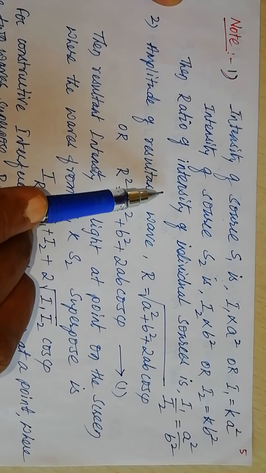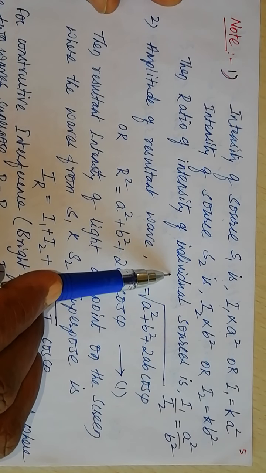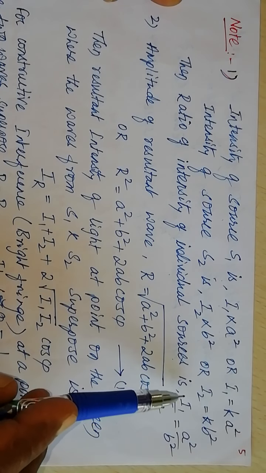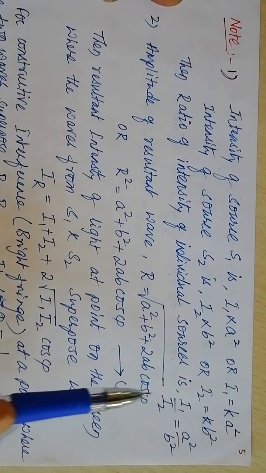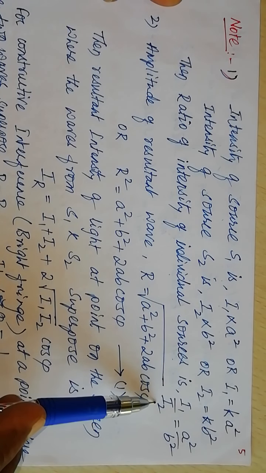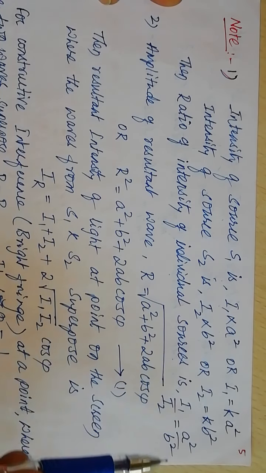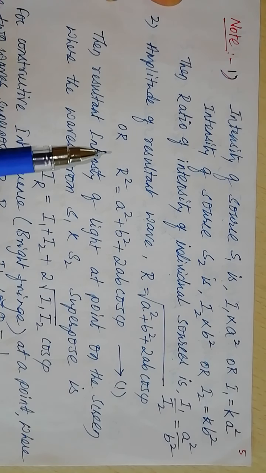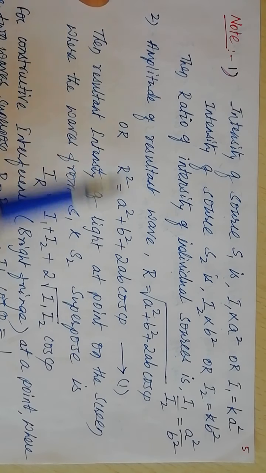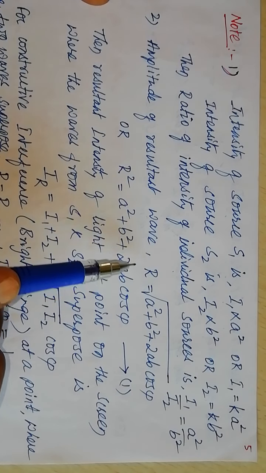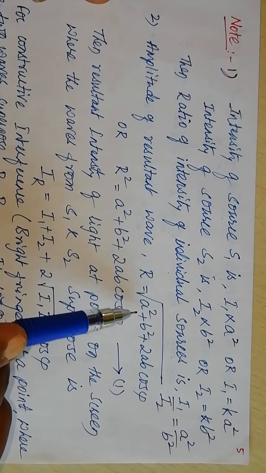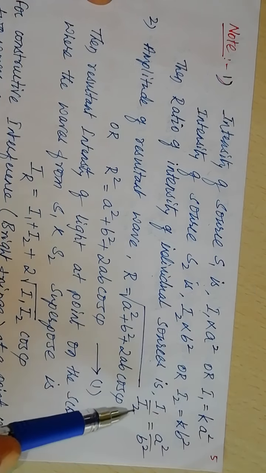Then the ratio of intensity of light from the two individual sources, I1 by I2, the intensity of light from source S1 over the intensity of light from source S2, equals K cancels, therefore it is A square by B square. Further, we have deduced an equation for the resultant amplitude of the resultant wave, that is R equals under root A square plus B square plus 2AB cos phi.